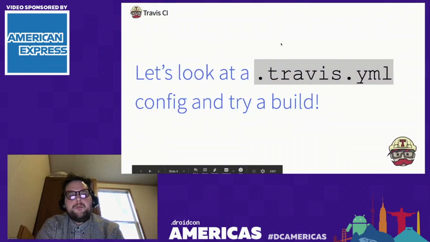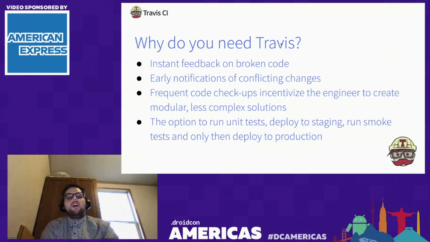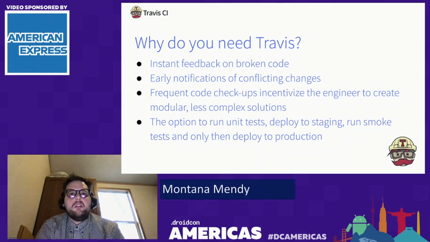Okay. So a lot of people ask, why do you need Travis? For us, obviously at Travis, we use Travis. It's instant feedback on broken code. So if anyone pushes anything broken, we get notified. Obviously, we can go back, and it's kind of like a safe mode.